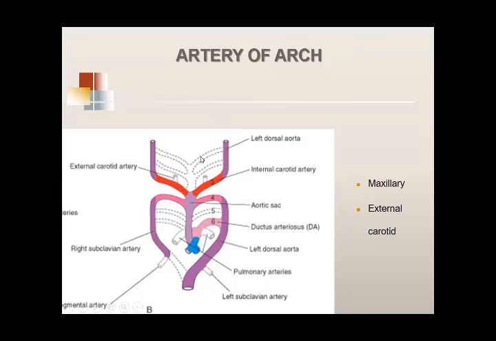First arch की जो artery है that is the maxillary artery. Some books also mention कि external carotid है लेकिन maxillary हर किताब mention करती है. So remember the maxillary artery develops from the first arch, the rest of the arch regresses. ठीक है. So just one artery from the first arch, maxillary artery.